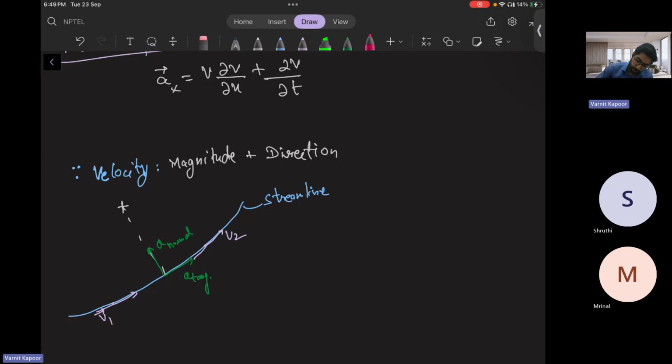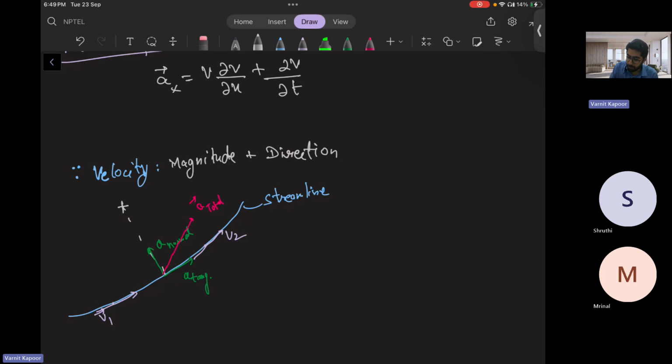So your total acceleration is nothing but the sum of tangential and normal. Okay. So A normal, you can say, when the direction is changing, then the normal component plays a role.